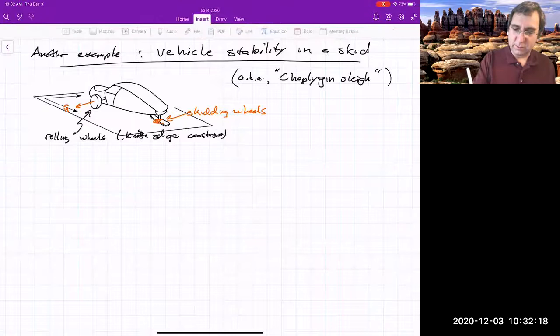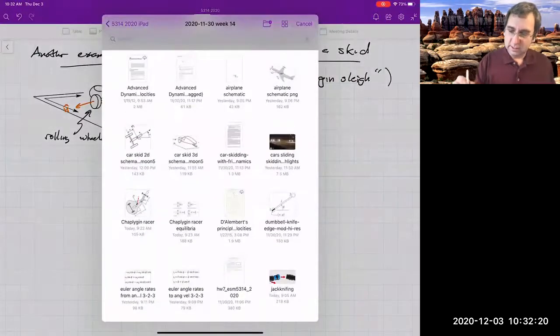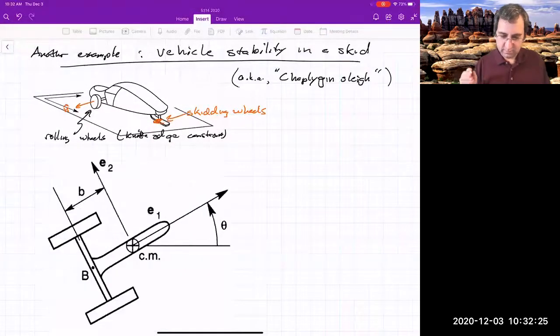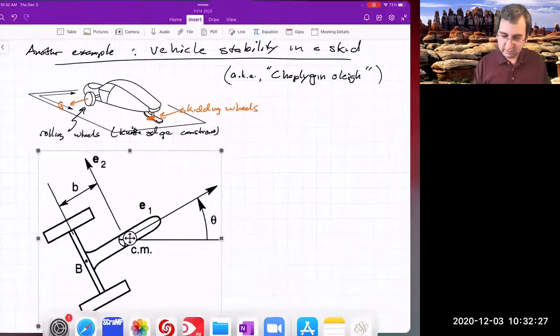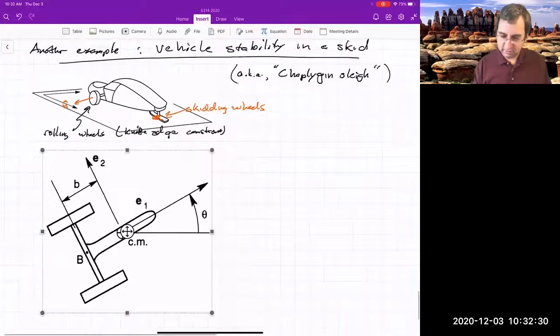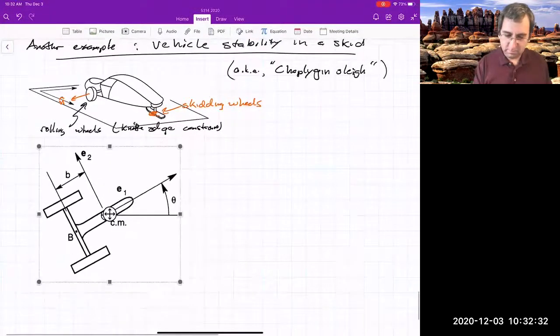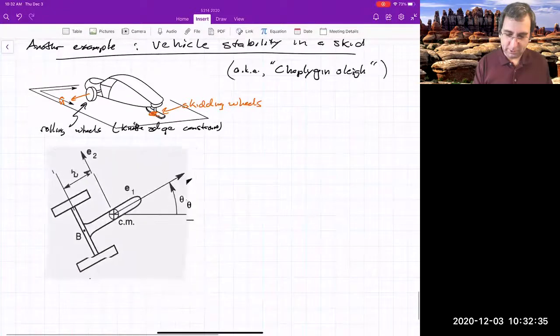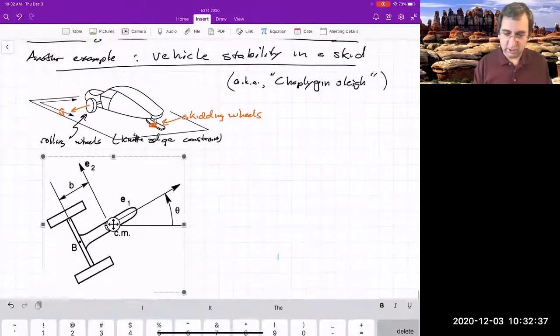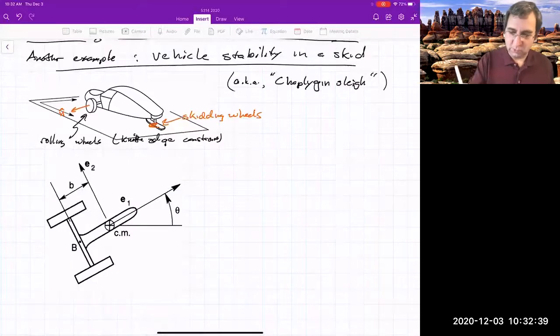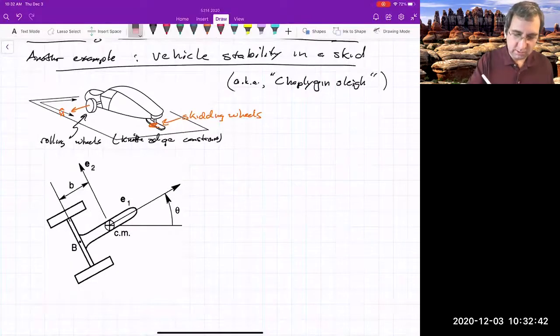If we do an above view of the situation, here's the schematic, and we're showing body fixed directions, E1 and E2, as opposed to these world fixed directions. This would be the N1 direction, and this is the N2 direction.